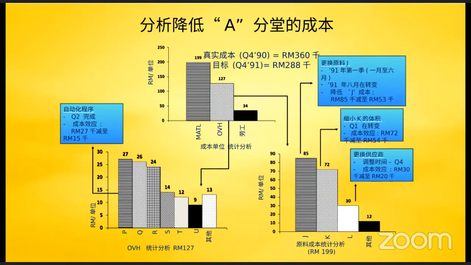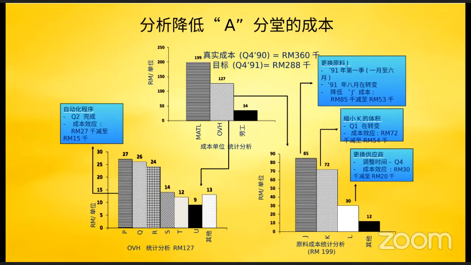So reduce these two will be more substantial, and then also the third item. And then on the overhead, which is about nearly 50%, by automating the process, you will reduce the overhead cost.